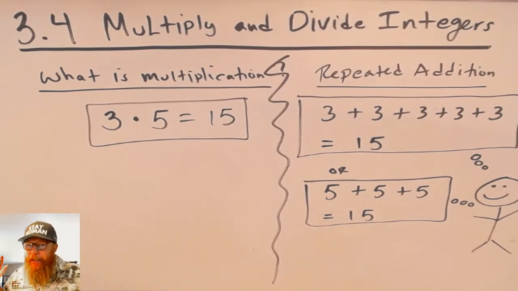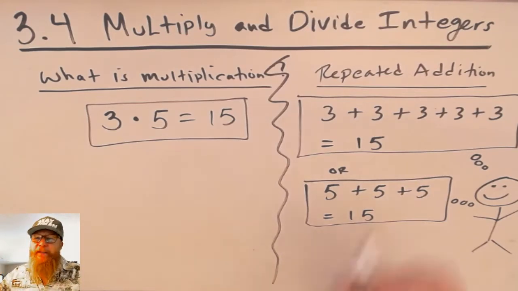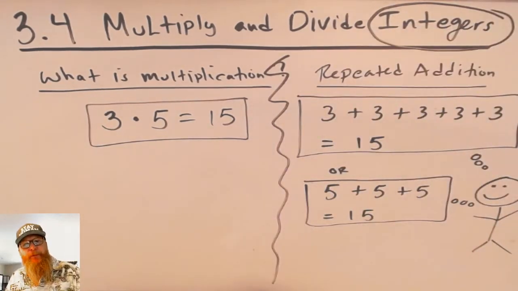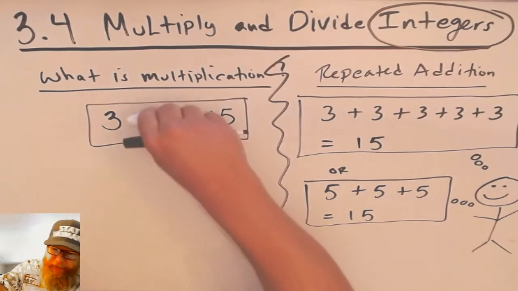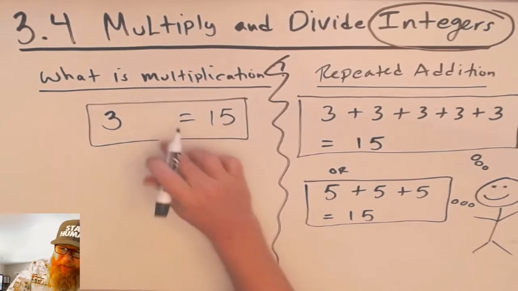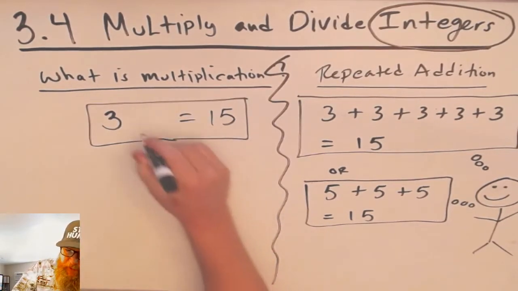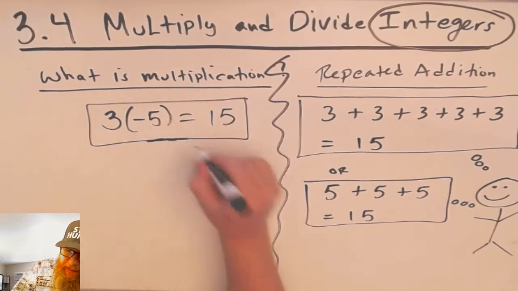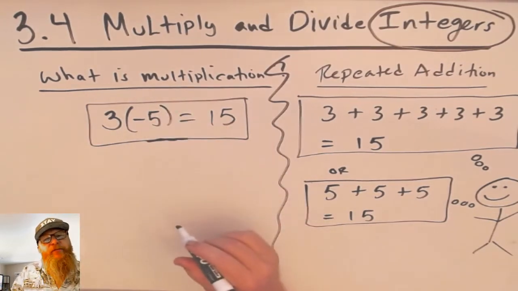All right. Now, I'm sure you all have heard that before, but this actually applies to integers. So today we're going to start multiplying positives and negatives. So what would it mean if I said 3 times negative 5?